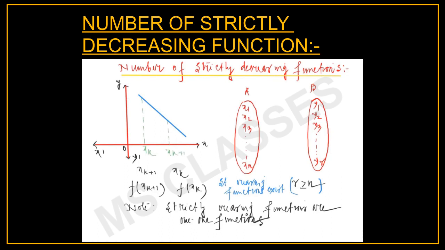We have the corresponding yk and yk plus 1. We observe here that when xk plus 1 is greater than xk, f of xk plus 1 is less than f of xk.